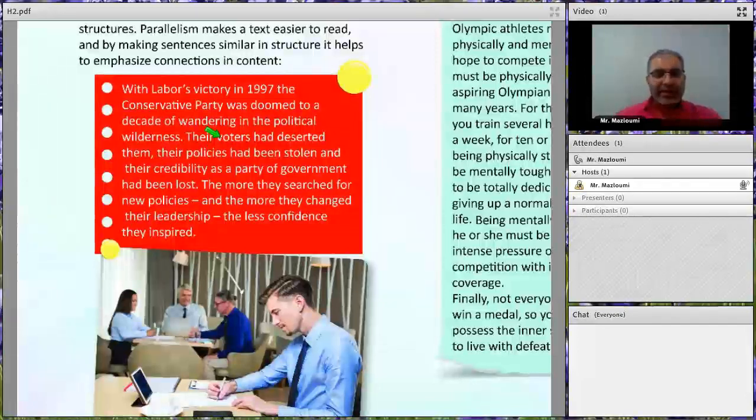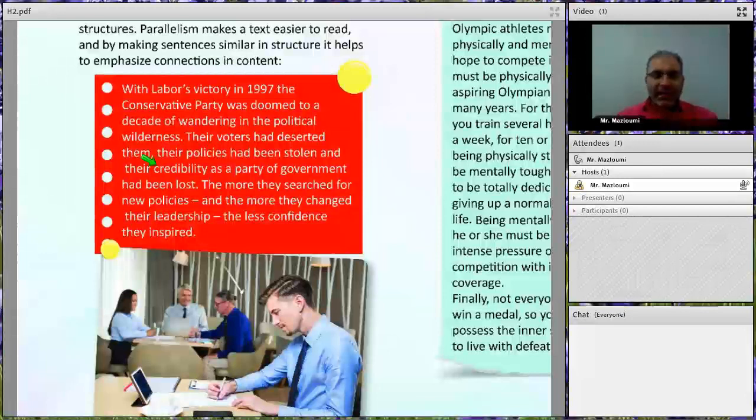Their policies, policy means a way of doing something, plan. So their policies had been stolen and their credibility as a party of government had been lost. Everyone, credibility means the quality of being trusted and believed. It means people, the British, no longer trusted and believed them. So their credibility had been lost.